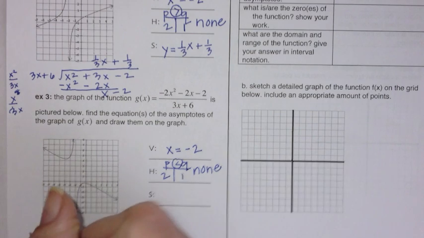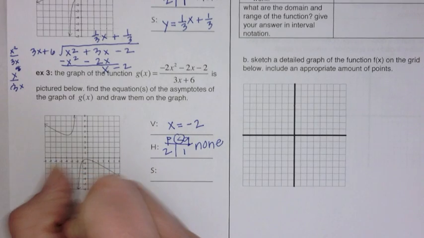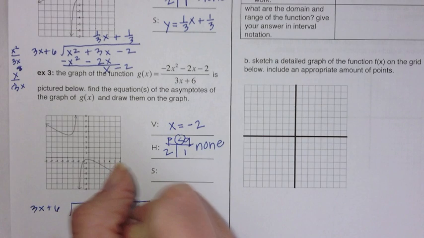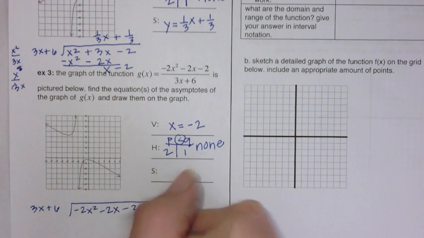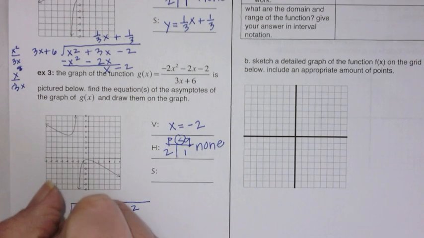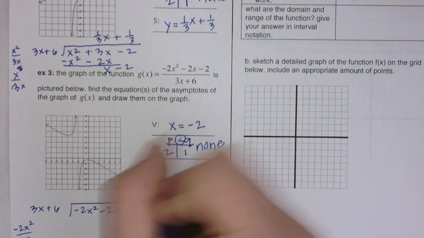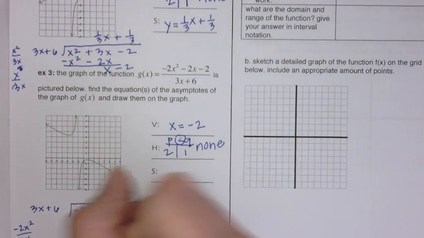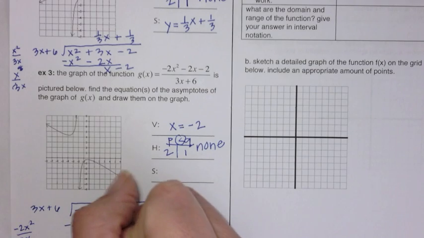So we have 3x plus 6 divided by negative 2x squared minus 2x minus 2. So negative 2x squared over 3x is negative 2 thirds x. So that's going to give me minus 2x squared.